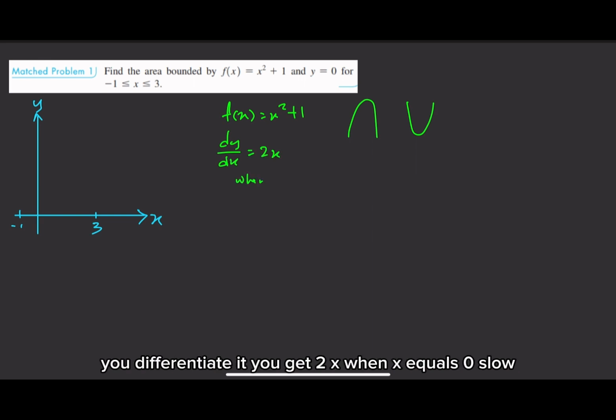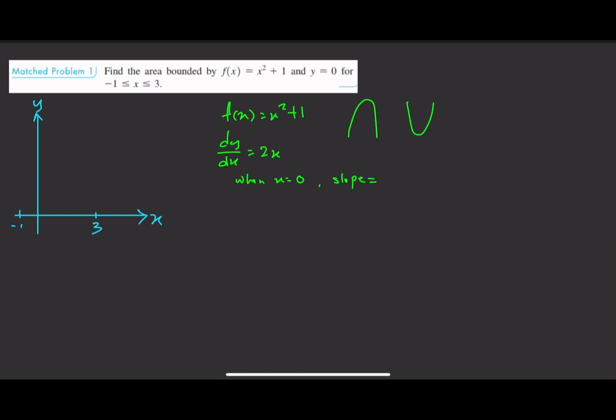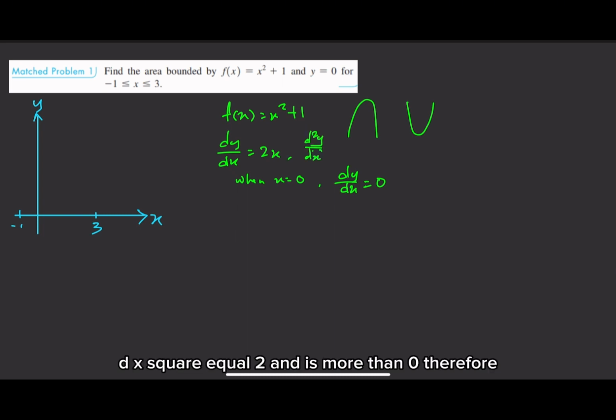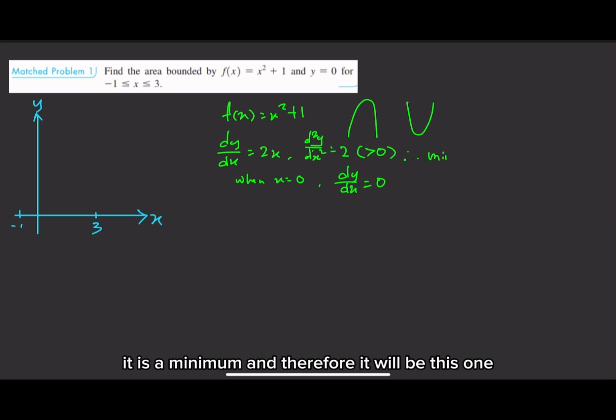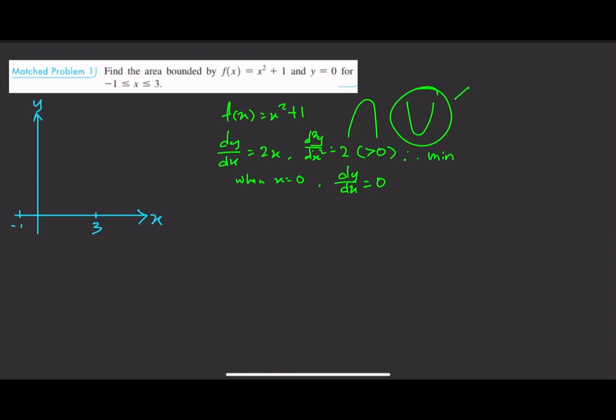When x equals 0, slope equals 0, or you can say dy/dx equals 0, and you can also use the second derivative, d2y/dx squared equals 2, which is more than 0, therefore it is a minimum, and therefore it will be this one.